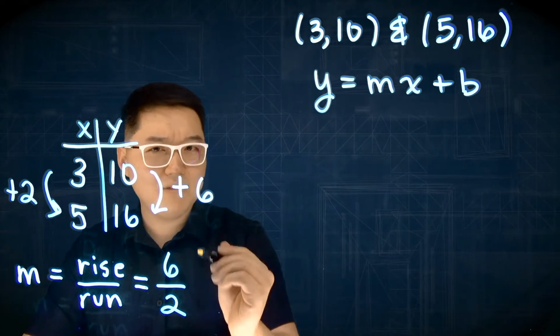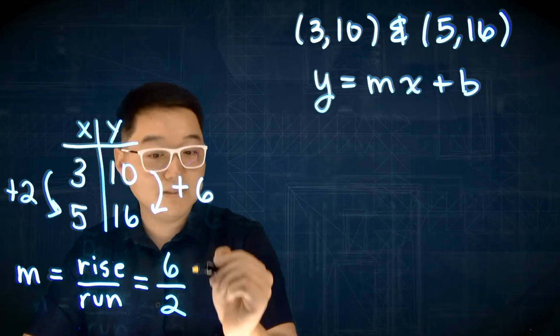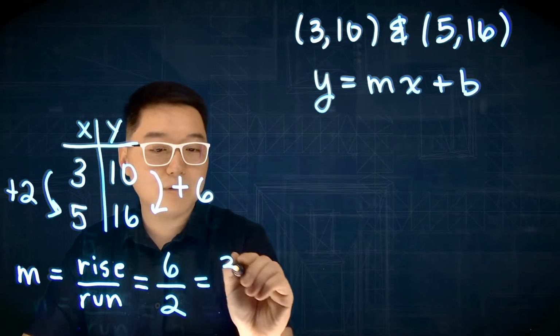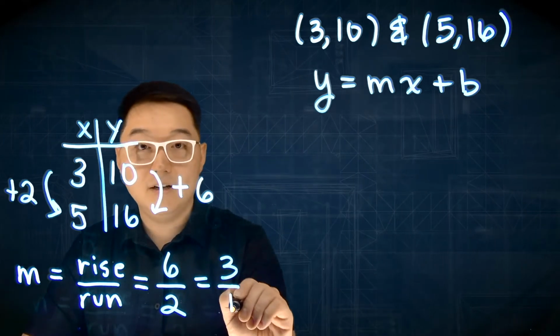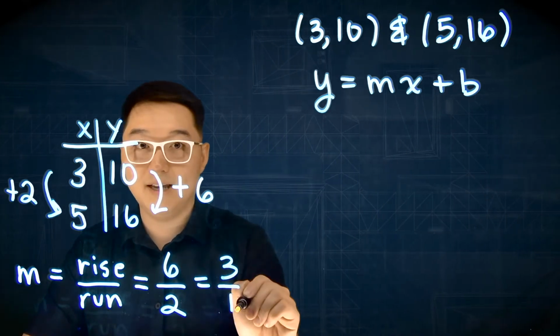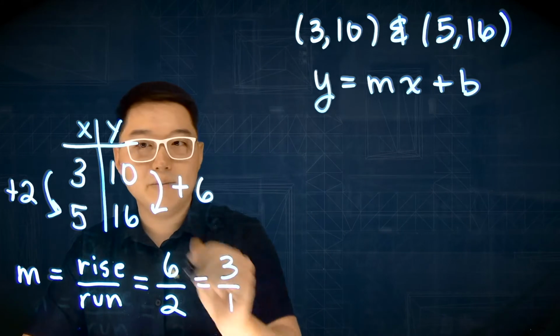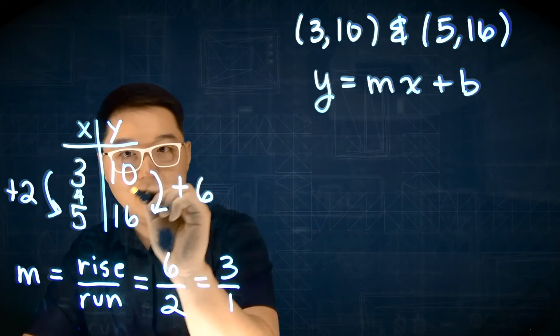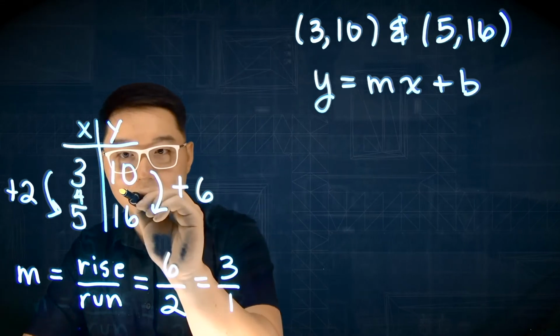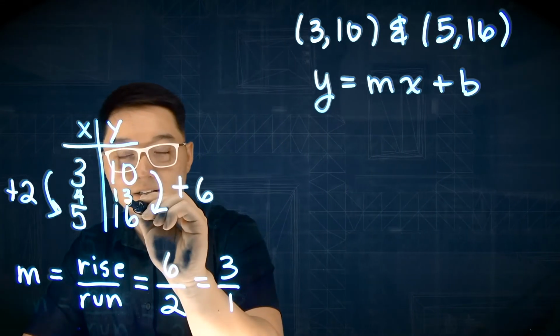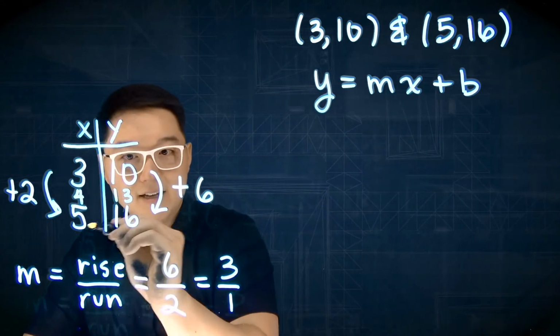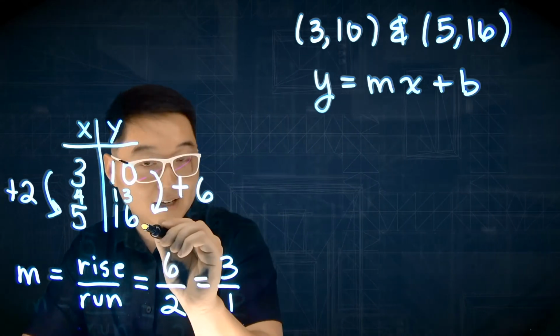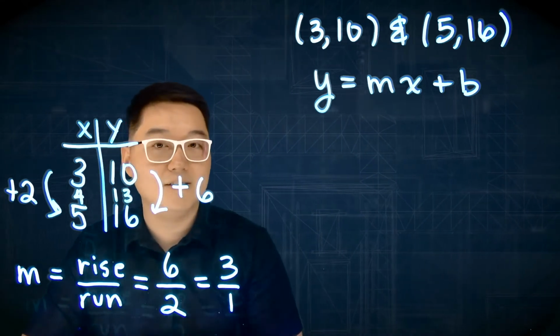But that's the same thing as saying 6 divided by 2, which is 3 over 1, $3 per day. Which makes sense because the next day, which is the 4th day, you gained another 3, which is 13. And if you gain another day, you've also gained another $3, so $16 on day 5.